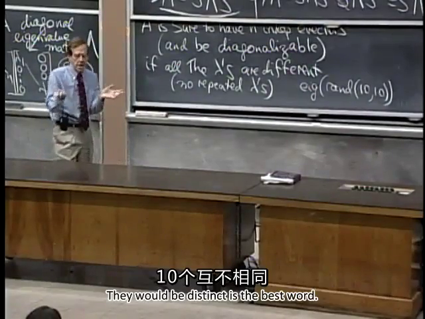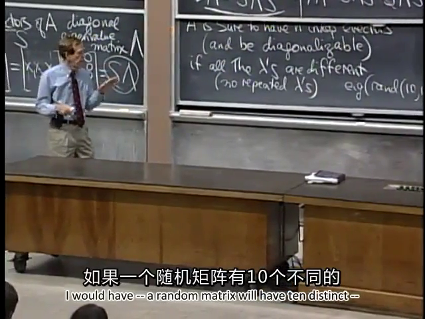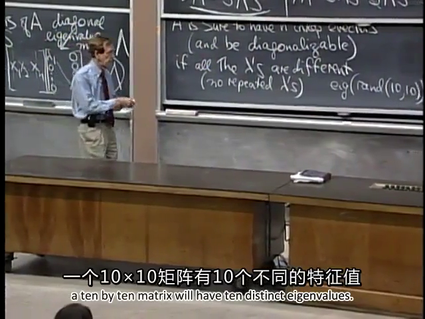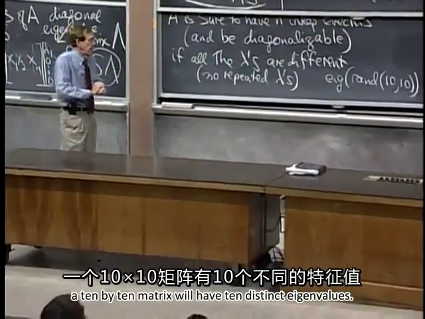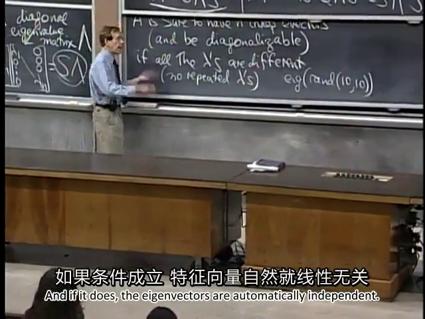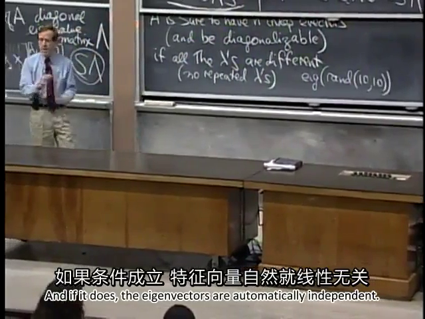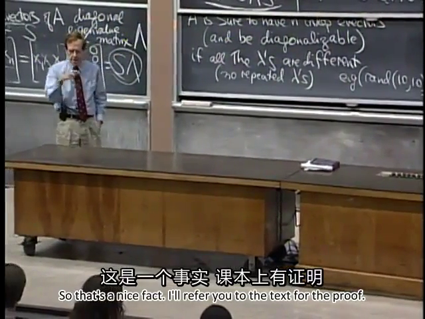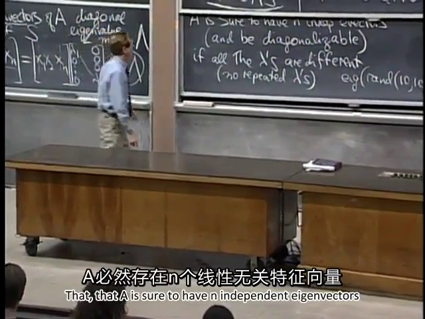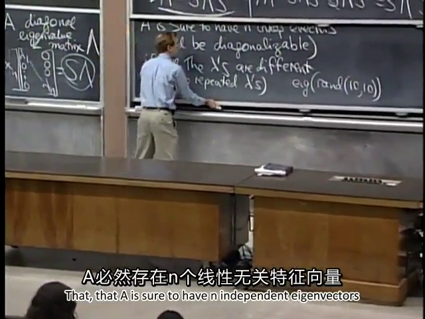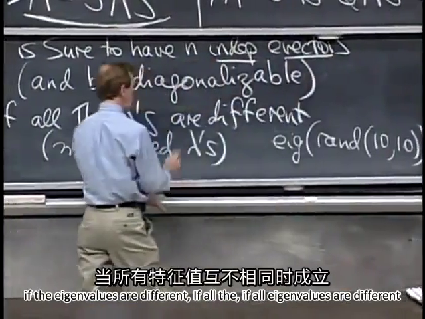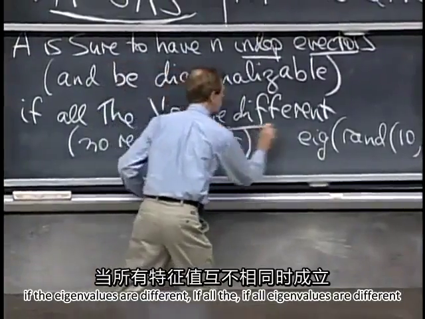They would be distinct is the best word. A random 10 by 10 matrix will have 10 distinct eigenvalues, and if it does, the eigenvectors are automatically independent. So that's a nice fact. I'll refer you to the text for the proof. That A is sure to have n independent eigenvectors if the eigenvalues are different.